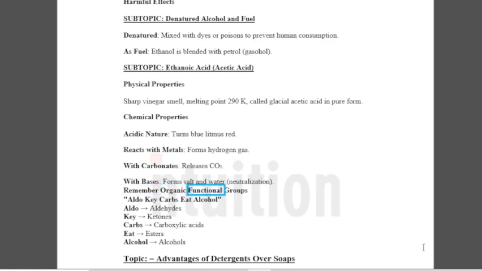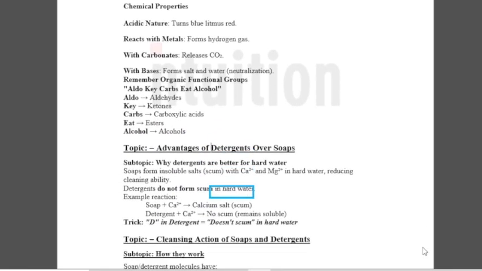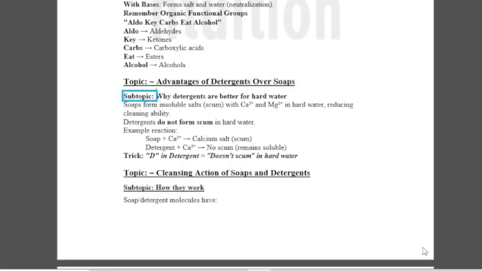Remember organic functional groups: alcohols, aldehydes, ketones, carboxylic acids, esters. Topic: advantages of detergents over soaps. Subtopic: why detergents are better for hard water.